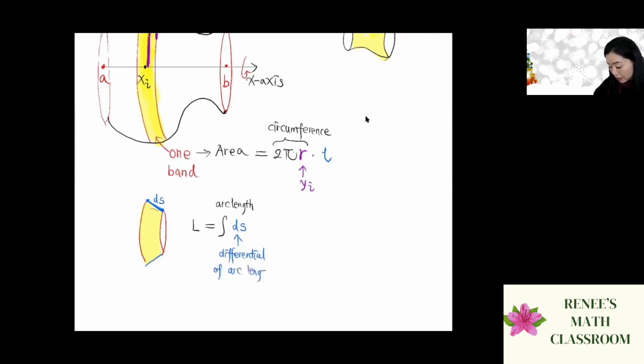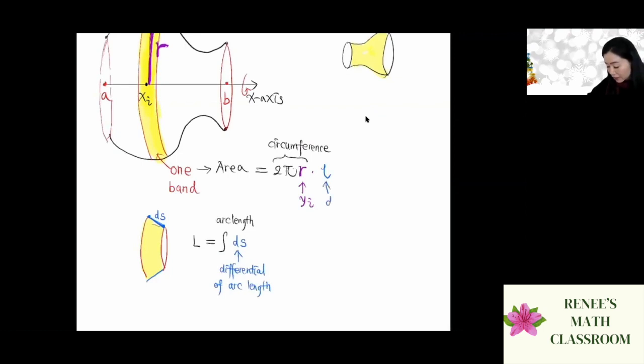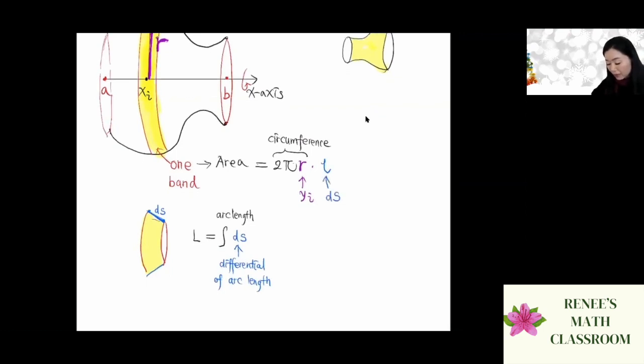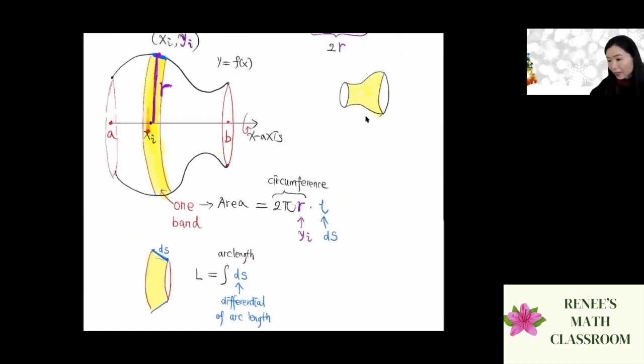That's the ds, what we call the differential of arc length. And when you integrate this, so you sum that up, you get the whole arc, right? So this L over here is the differential arc length, this ds over here. This is for the i-th stripe, this band right here.